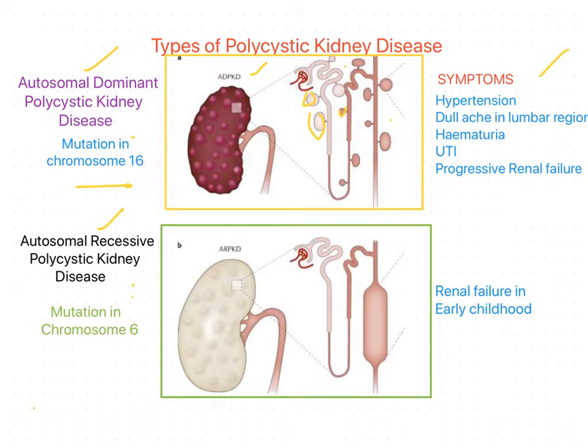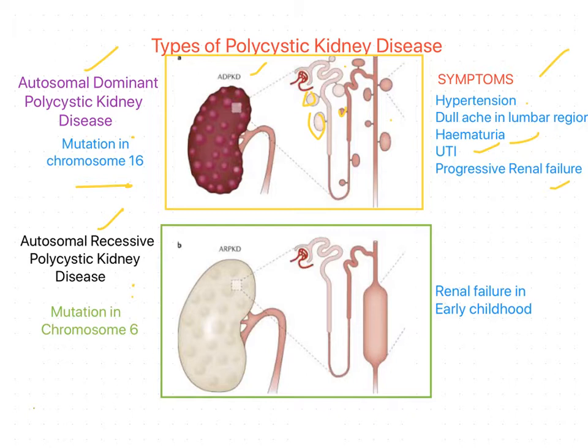Some of the symptoms are hypertension, dull ache in the lumbar region, hematuria, that is blood in urine, and also urinary tract infections, which progressively lead to renal failure. These are some of the symptoms of autosomal dominant polycystic kidney disease.